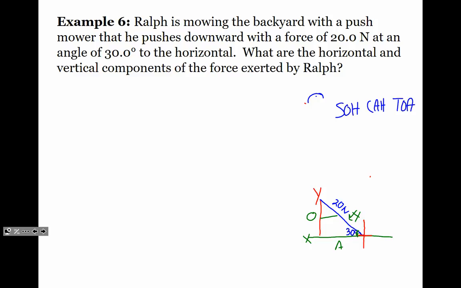So which of my formulas is going to have A and H in common? So it's cosine. So I want cosine of the angle, A over H. I need to find A, so I'm going to get H out of the way. So A is going to be 20 newtons times cosine of 30 degrees.